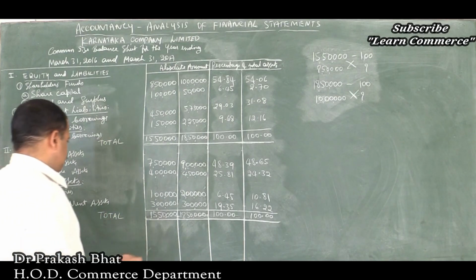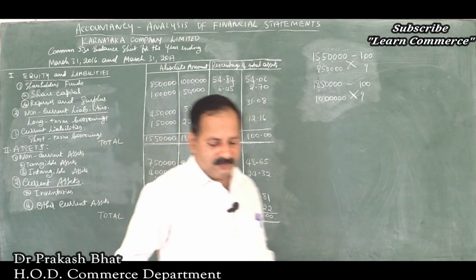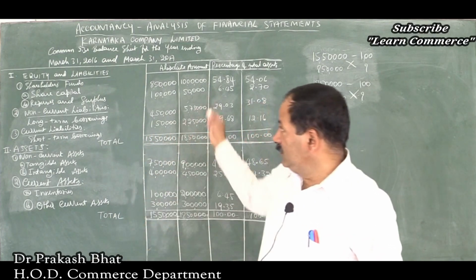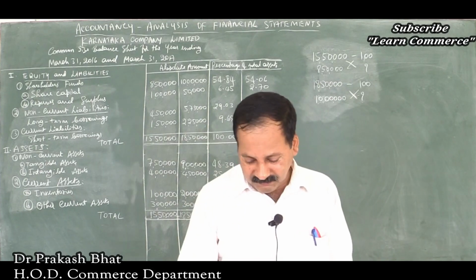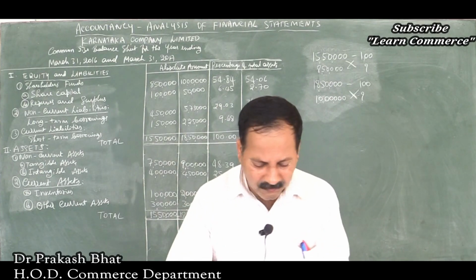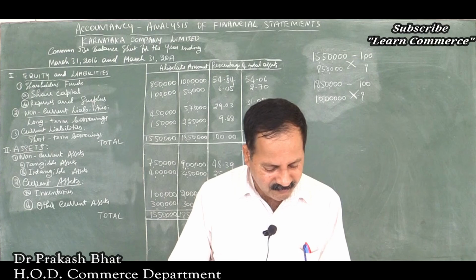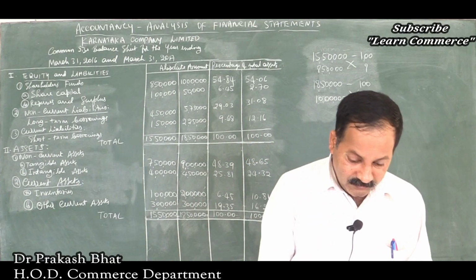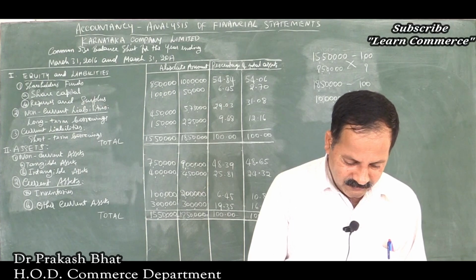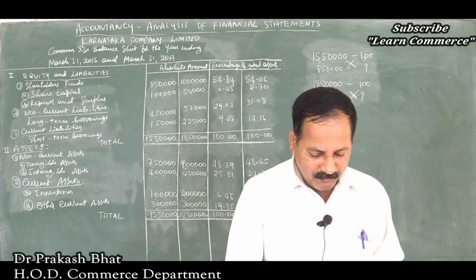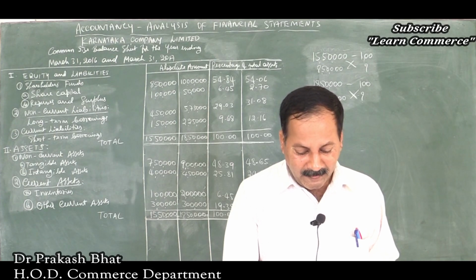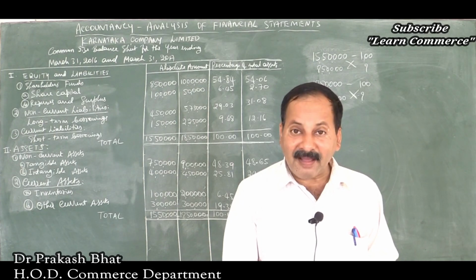It's done, isn't it? So this is how you have to solve a problem on a common size balance sheet. There are two problems left here. Problem number 3 is related to the comparative balance sheet.